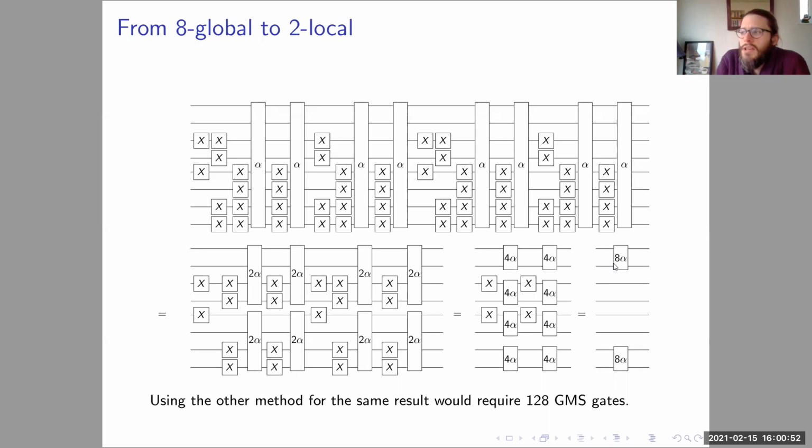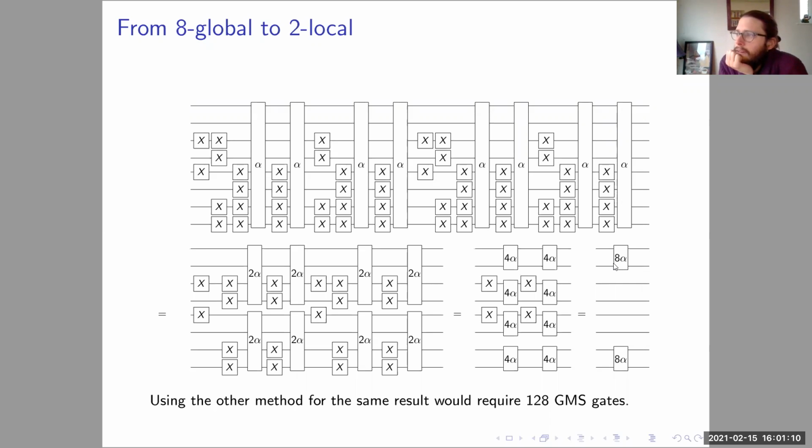Oh, I see. Because if I conjugate a single qubit by X gates, it doesn't flip the sign of everything. It flips the sign of linearly many of these quadratically many gates. Exactly.